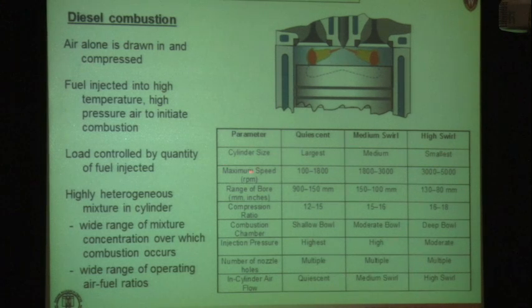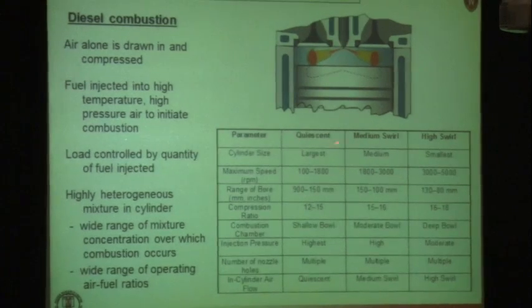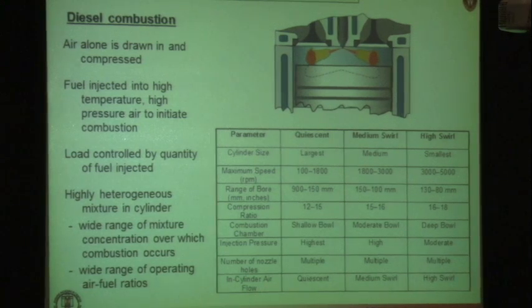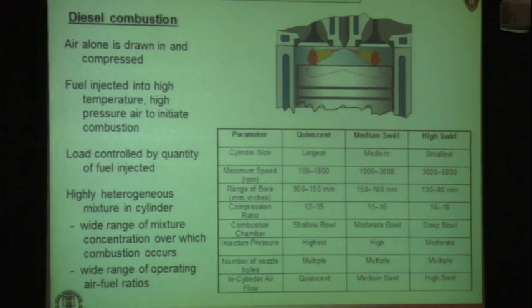This little chart here summarizes some of the characteristics of the various size classes. The combustion chamber is typically characterized as being quiescent. That means a kind of a shallow bowl configuration where most of the mixing of the fuel and air is accomplished by the fuel injection process.